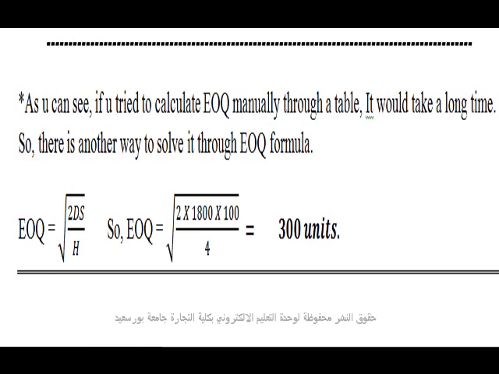EOQ will be equal to the square root of 2 times D, annual demand, times S, ordering cost per order, over H, holding cost per unit. This will be equal to 300 units. This is the same answer we reached from the table above.